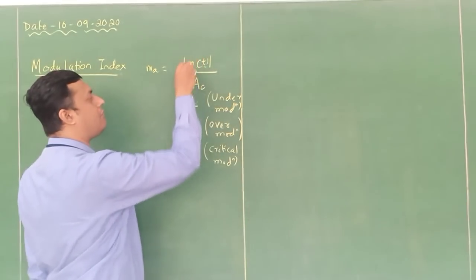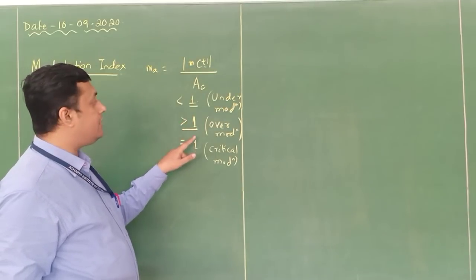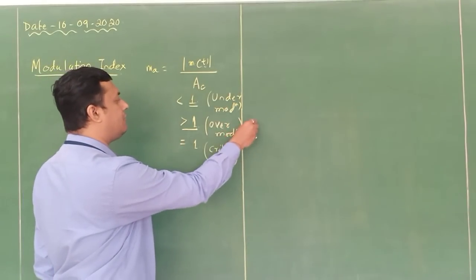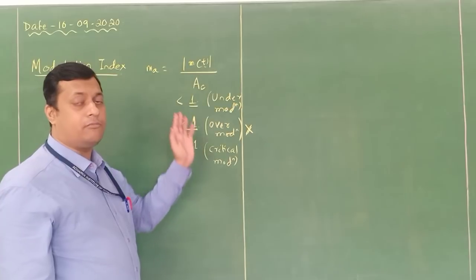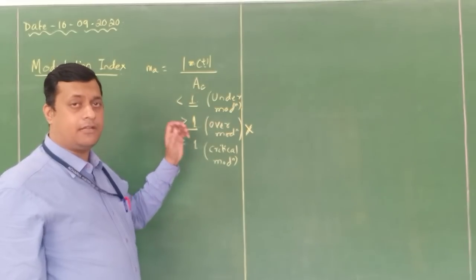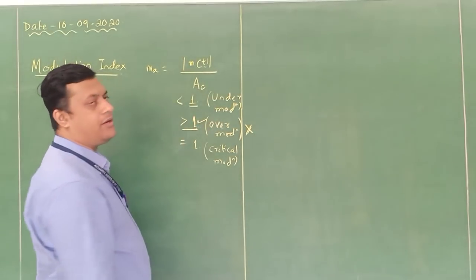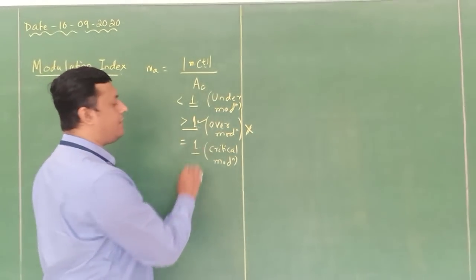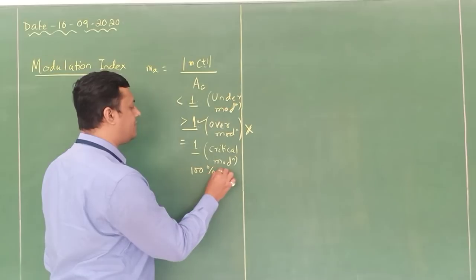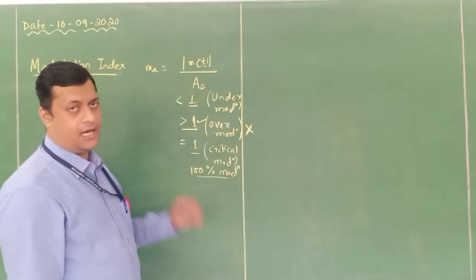When the amplitude of the modulating signal is greater than the carrier amplitude; then over modulation occurs. But in practical cases we do not use over modulation because it contributes noise. Unwanted envelope distortion is generated and adds noise to our transmitted signal, so we avoid over modulation. And the case of 1 is called critical modulation, or 100% modulation. We will see how that works.